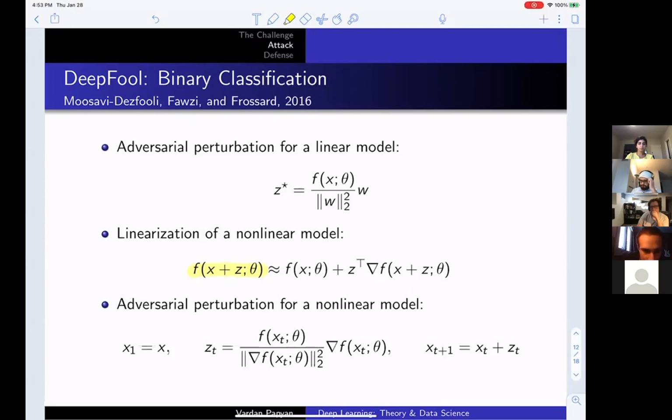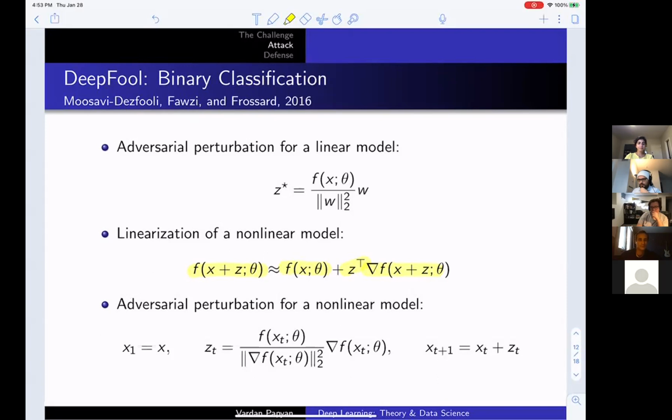What is Taylor series? Taylor series says the function is equal to the function at x plus the Jacobian that Tristan said, inner product with the perturbation, right? And we write approximately because it's not necessarily equal.